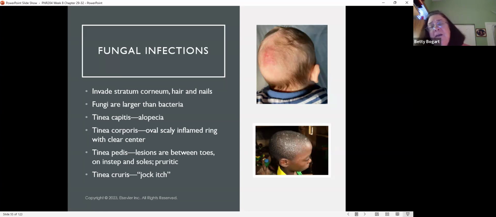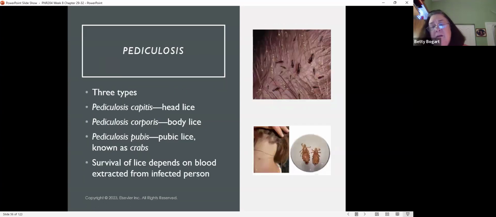And then there is that adolescent, or young or older school age, that are in sports and they wear a jock strap to protect themselves and it sweats in there and sometimes they don't clean it every time, they forget, they wear it again, and then they get this tinea cruris, which is a fungus in their perineal area.